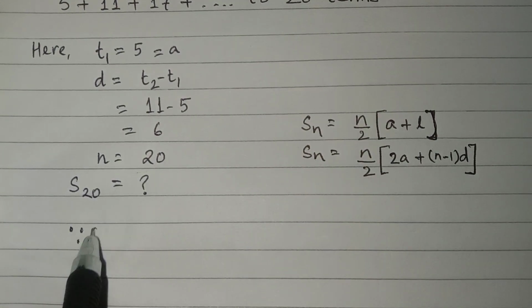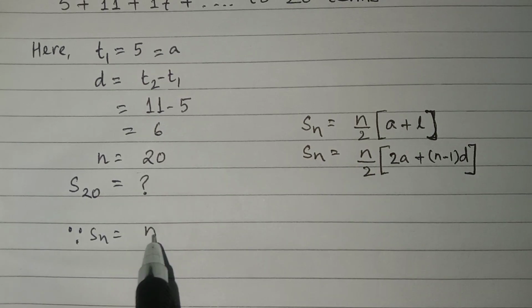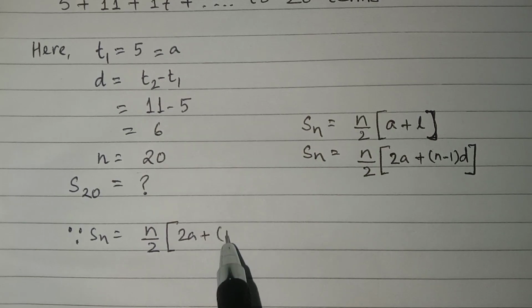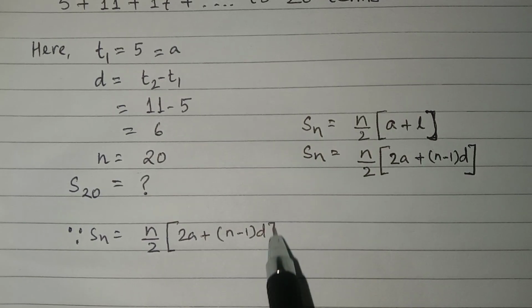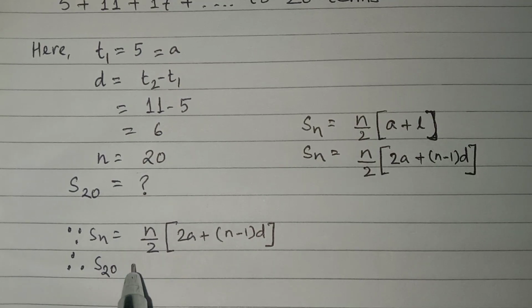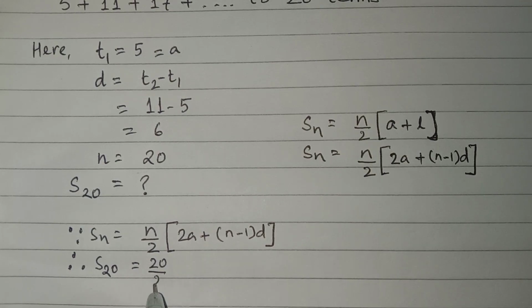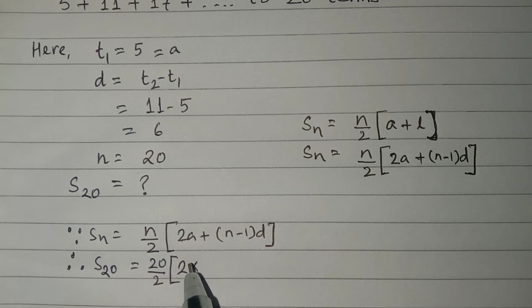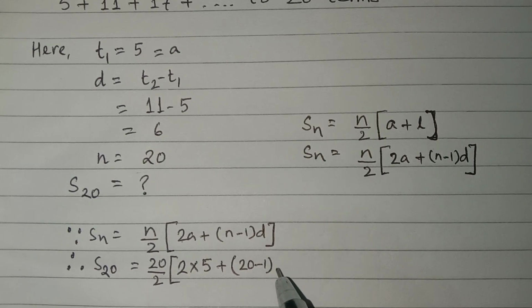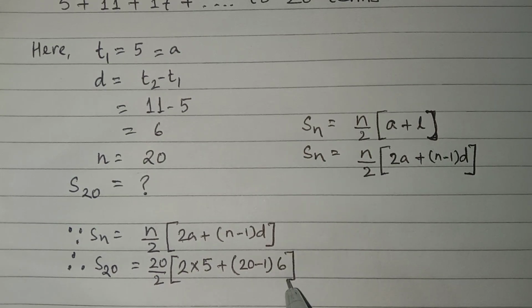Since Sn equals n by 2 times (2a plus (n minus 1) times d), therefore S20 is equal to, so the value of n is 20 here, 20 divided by 2 times (2 times our a, which is 5, plus (20 minus 1) times the common difference, which is 6).